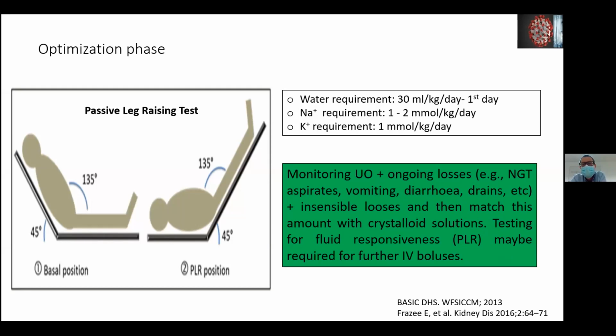Then in that phase, you have to monitor closely the urine output and the ongoing losses, meaning nasogastric tube aspiration if the patient has a nasogastric tube in situ, or vomiting if not, diarrhea, drains, or other losses, plus insensible losses, mainly in non-ventilated patients. And then you need to match the volume that you have recorded and replace it with a crystalloid solution. I always use an analogy.